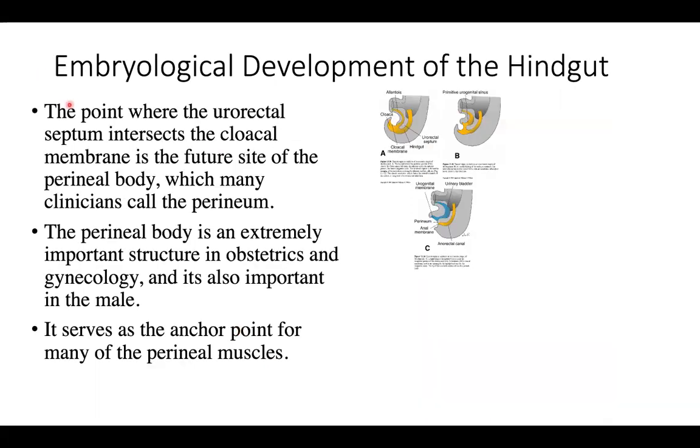So look here. The point where the urorectal septum intersects the cloacal membrane is the future site of the perineal body, which many clinicians call the perineum.